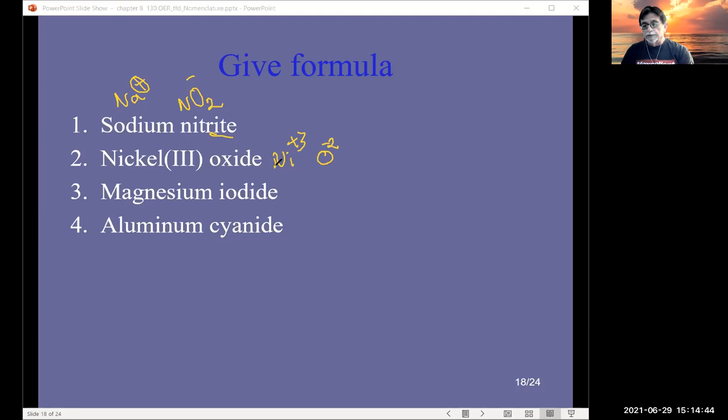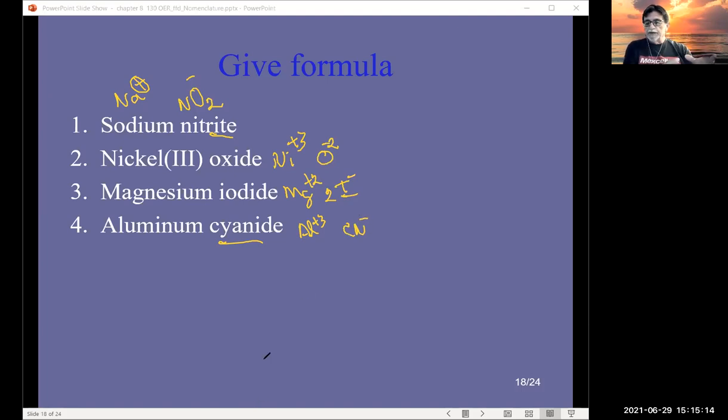So write them in ions first. Magnesium is a +2 oxidation state. Iodine is a -1, it's in group 17. I'm going to need 2 of those. Aluminum is a +3. Cyanide, go to polyatomic ions, you will find it to be a -1, that's CN -1.